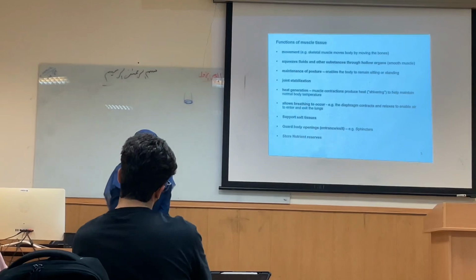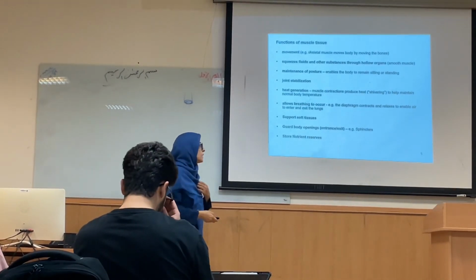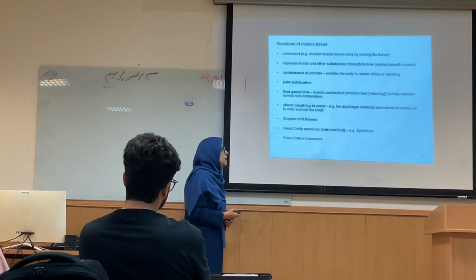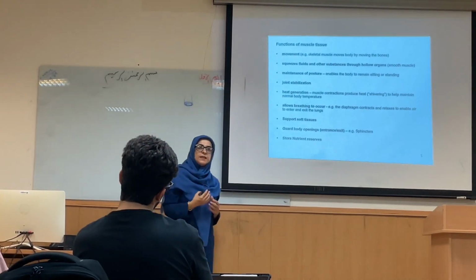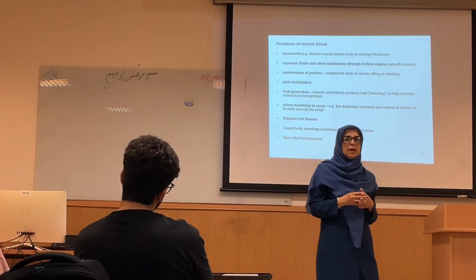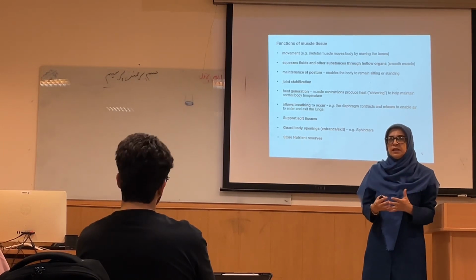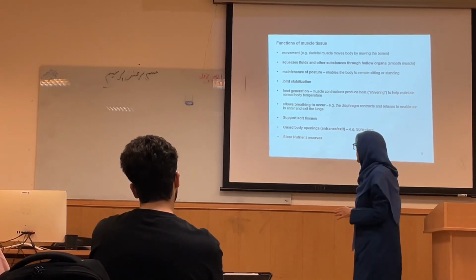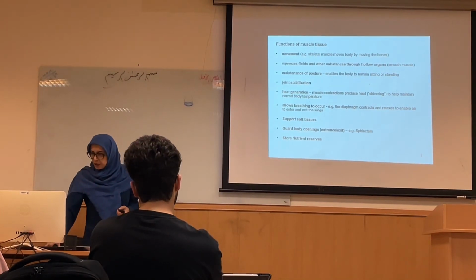This sphincter acts as a guard. They control the entry or exit of anything from the organs. And finally, because there is lots of glycogen in the cytoplasm, the muscle tissue can reserve glycogen in the cytoplasm and act as a store of nutrients.